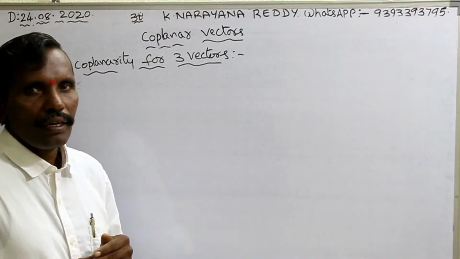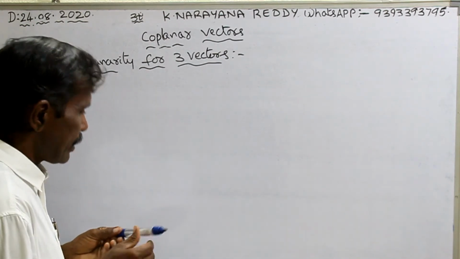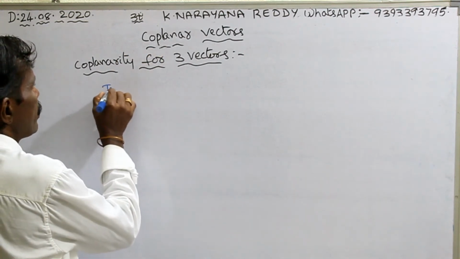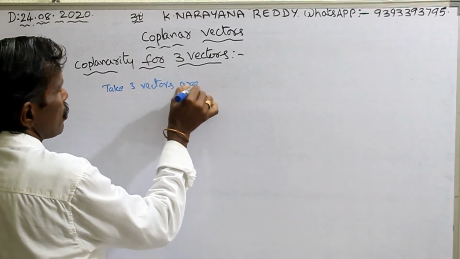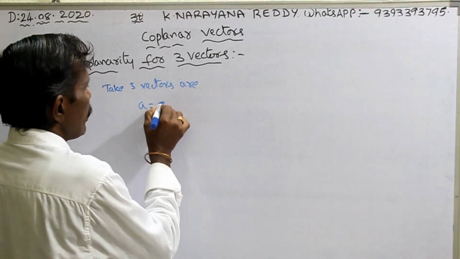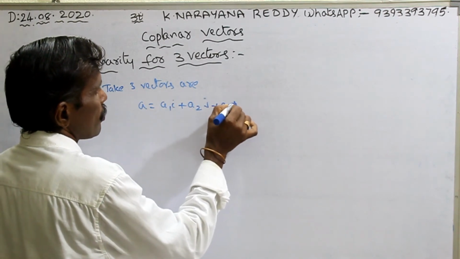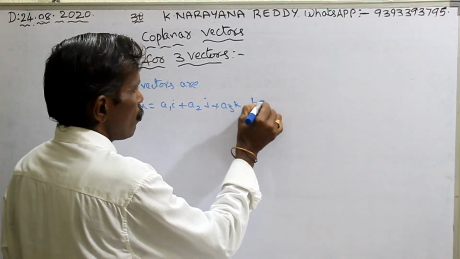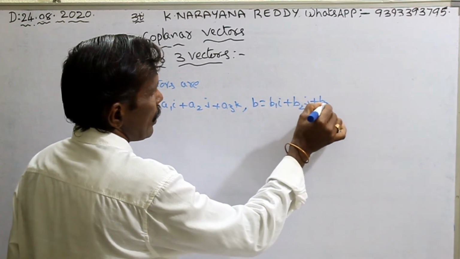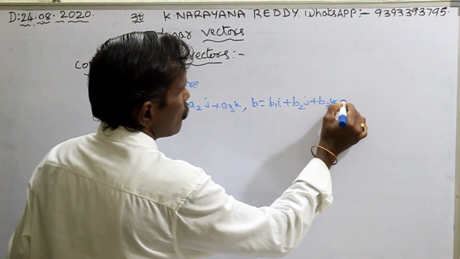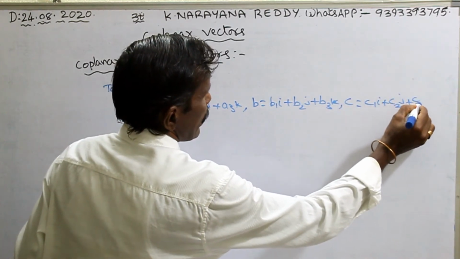Okay. See here, coplanarity for three vectors. How would you say coplanarity for three vectors? It's nothing but take three vectors: A equals A1 i plus A2 j plus A3 k, B equals B1 i plus B2 j plus B3 k, C equals C1 i plus C2 j plus C3 k.